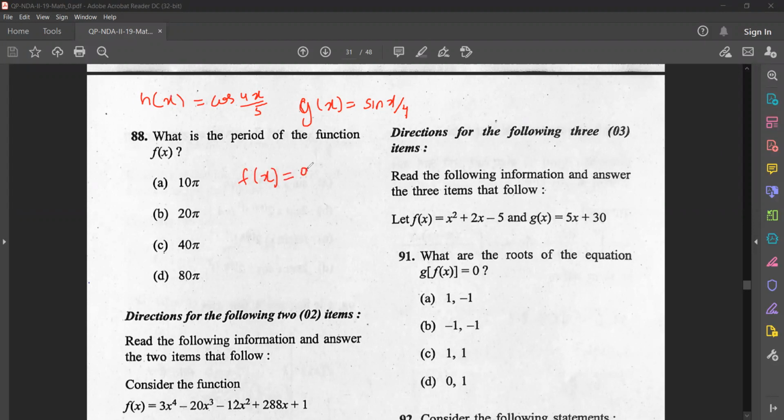We have to find the period of the function f of x, where f of x is equal to g of x plus h of x, and g of x is sin x by 4, h of x is cos 4x by 5. Everyone, please try. Find the period of this function.